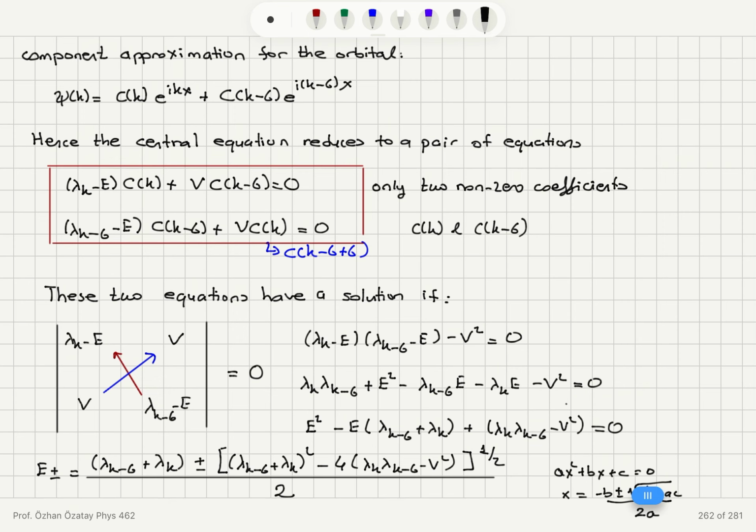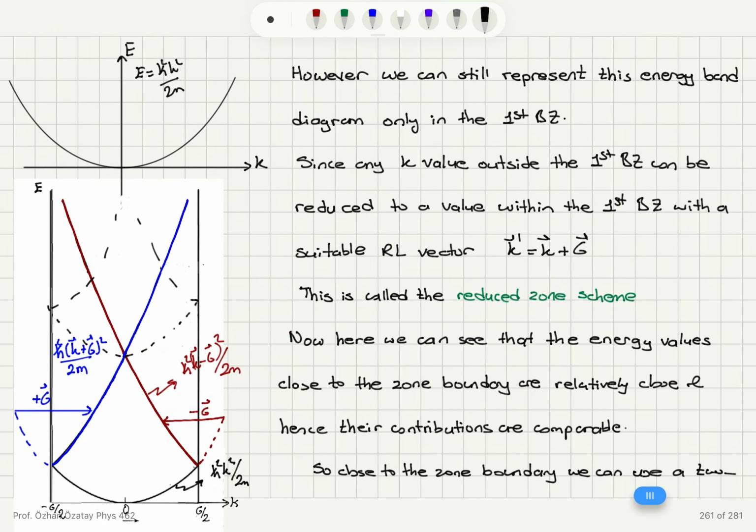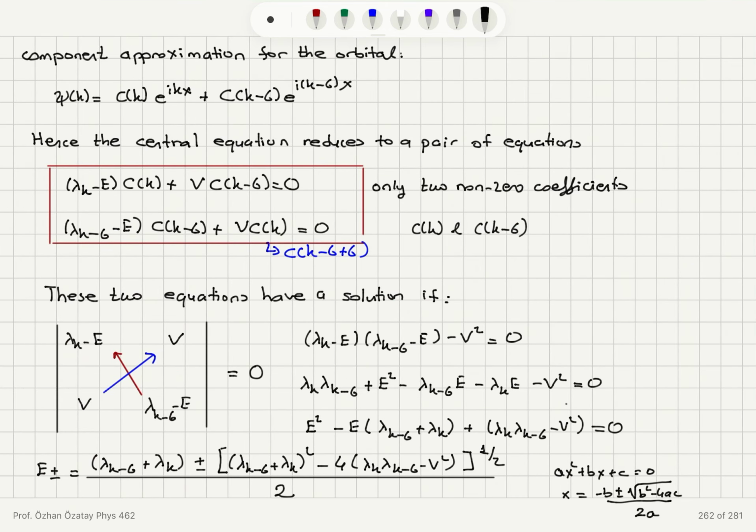And near the zone boundary, we can assume that we have a two-component solution. Basically, that is motivated by the fact that if you look at the energy values near the zone boundary for the k vector and the k minus g vector, these two are almost giving the same energy value here. So those two solutions should be considered, k and k minus g at the zone boundary.